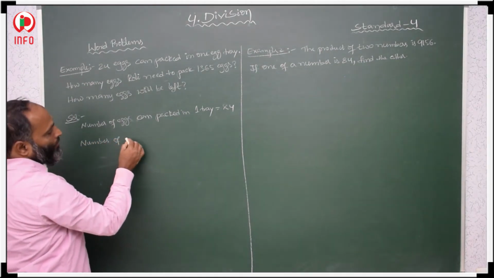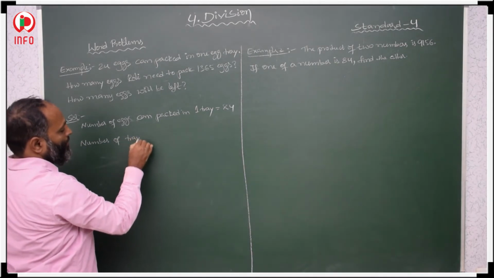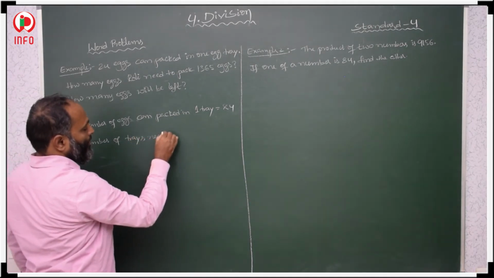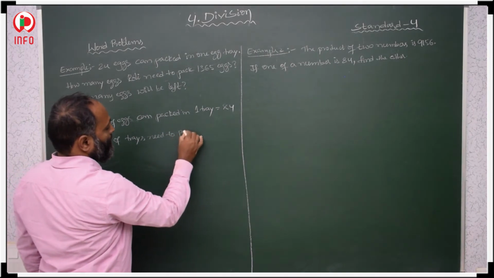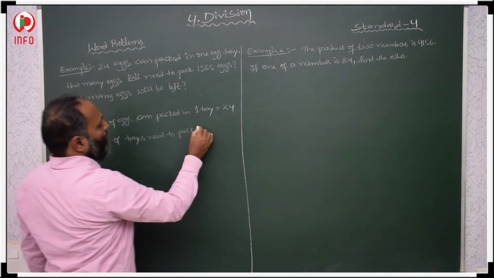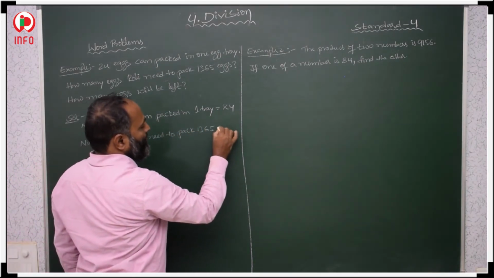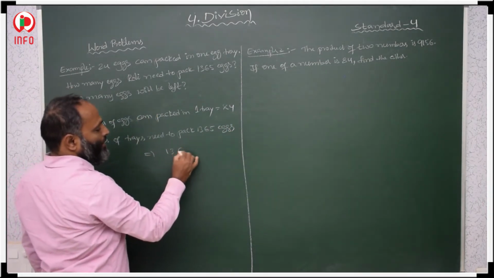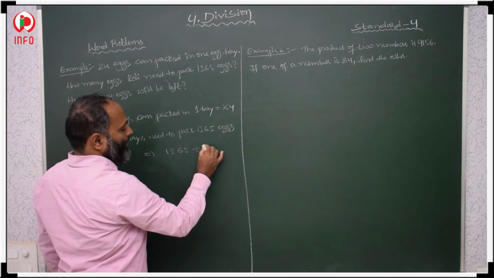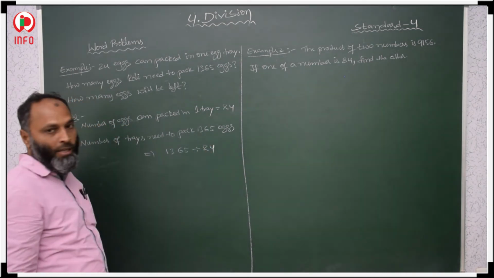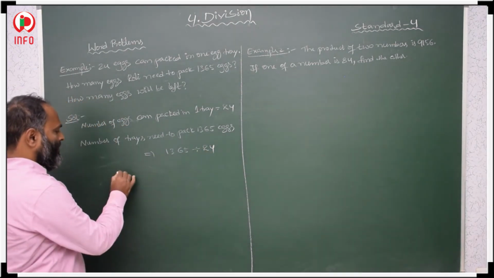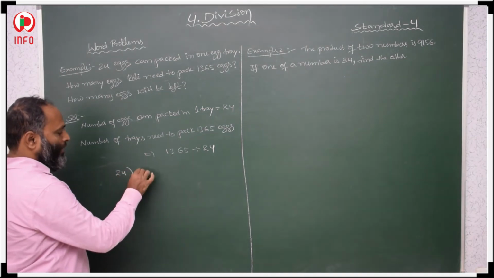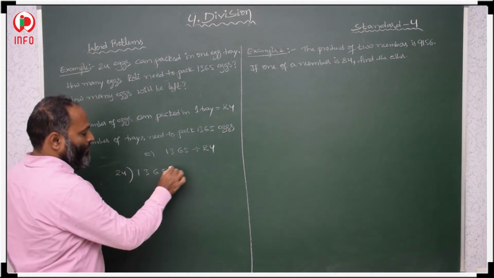Number of trays needed to pack 1365 eggs is equal to 1365 divided by 24.